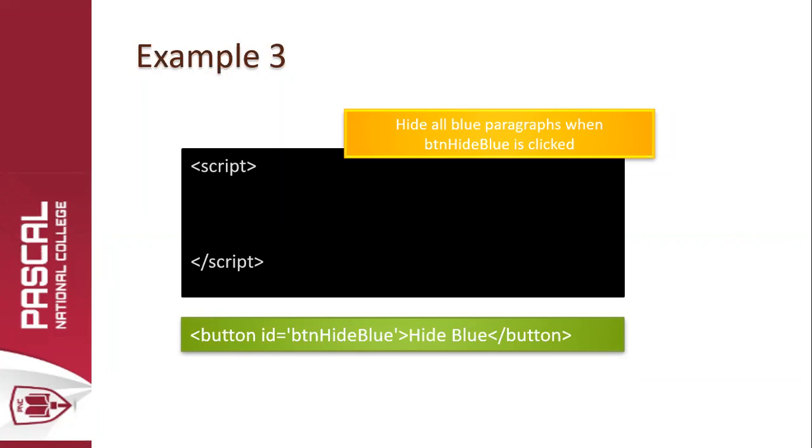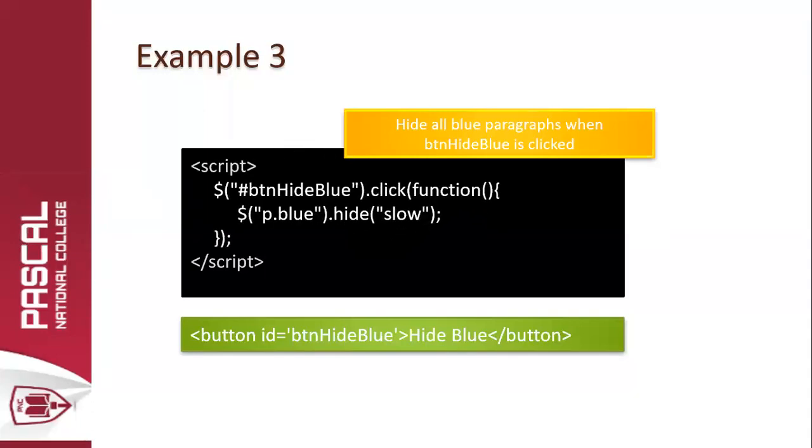Then there you are going to hide all the blue paragraphs when this is clicked. This means you should have one paragraph or maybe some other paragraphs as well, which must be using some ID or some class. This is up to you. When you click on this, you need to hide all of the blue paragraphs like this.